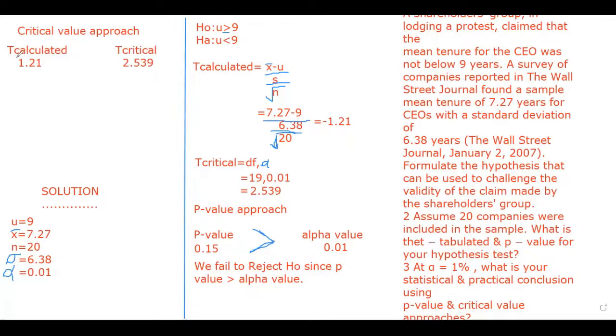Yes, but remember, we always take the absolute value. We don't need the negative, we need the positive. So T calculated is less than T critical, right? What's the decision rule for critical value? We fail to reject H0 if the T calculated is less than the T critical. We reject H0 if the T calculated is greater than the T critical.